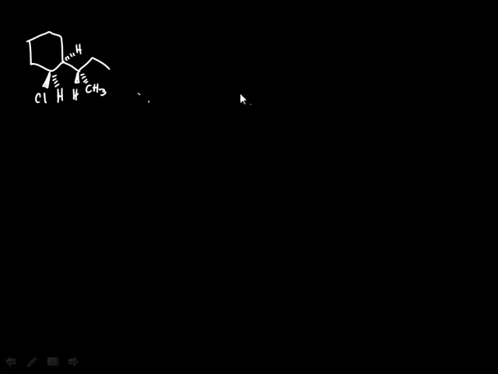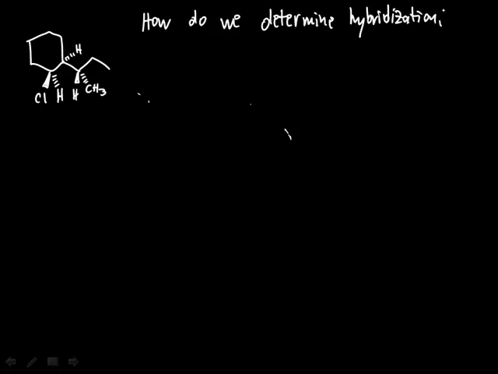Now, to finally answer the question, how do we know what hybridization we have in a certain molecule? How do we determine hybridization? We need to undergo a sequence of steps.